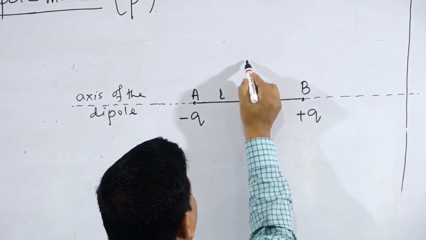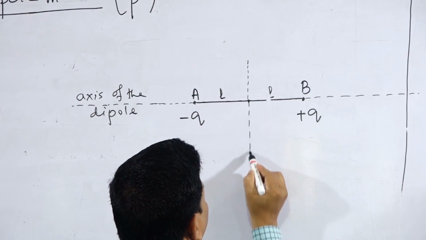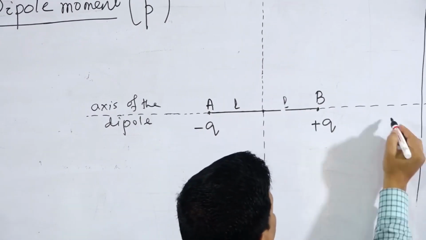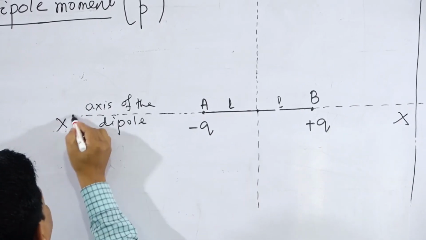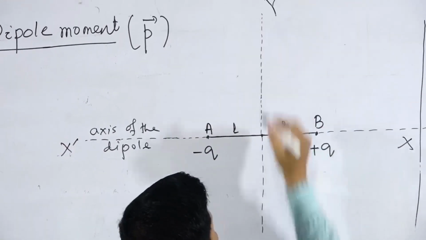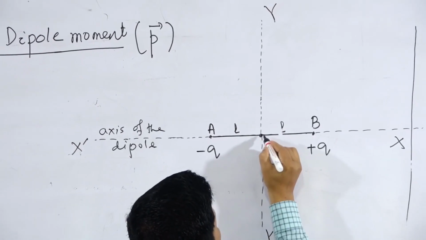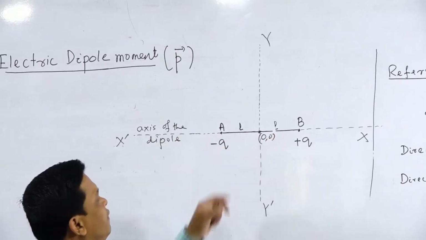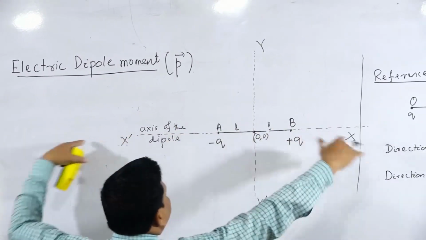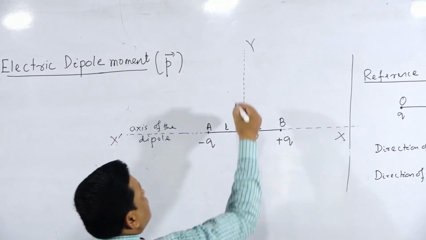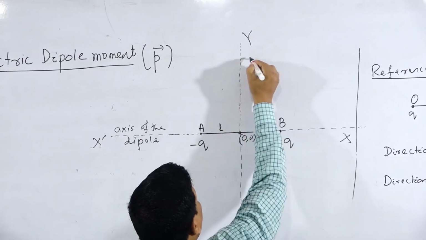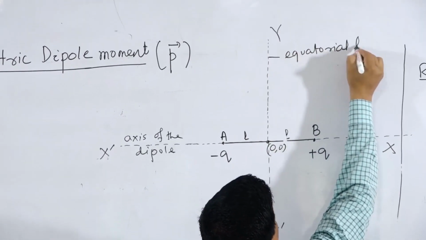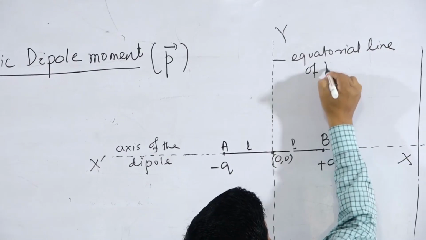And the perpendicular bisector, for example, we take this as x-axis and this as y-axis, and this is the origin. So this x-axis is known as axis of the dipole, and y-axis is known as equatorial line of the dipole.